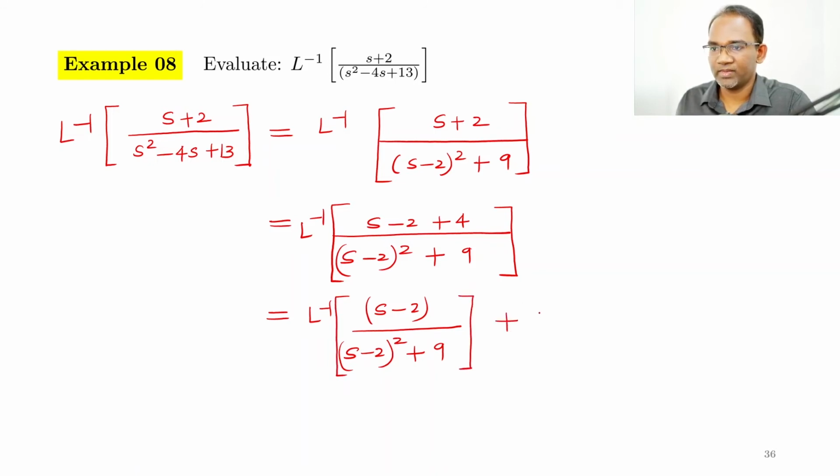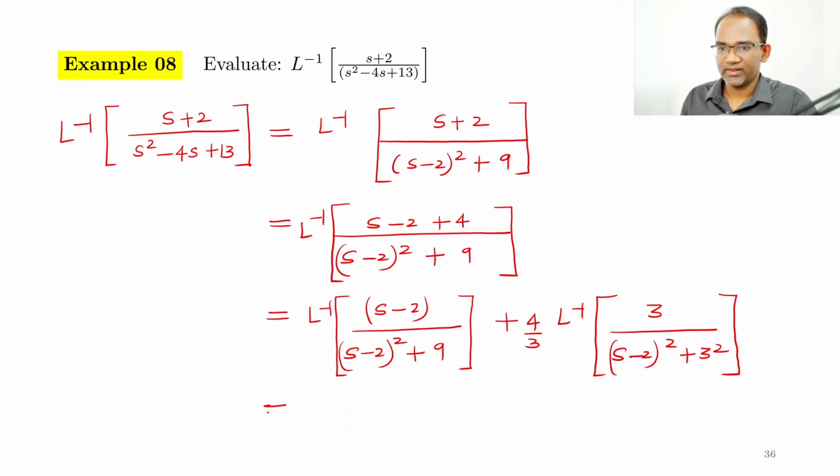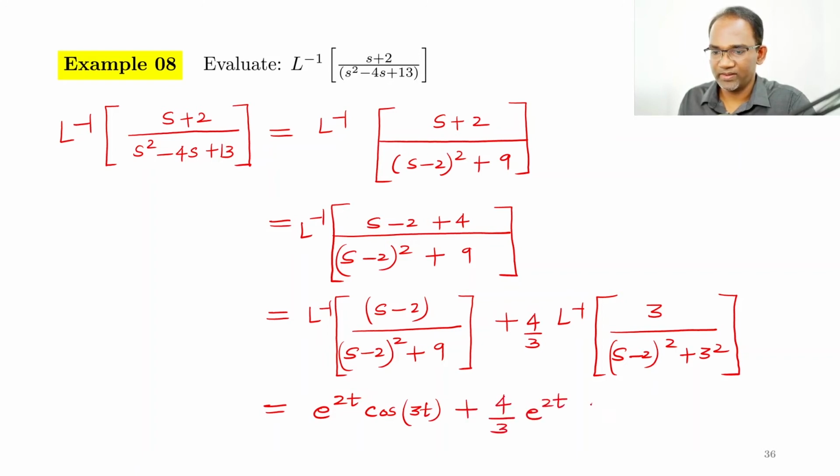And the second term is L inverse of 4 over 3 times 3 over ((s minus 2) whole square plus 3 square). And this is equal to, according to the first shift theorem, e raised to 2t cos 3t plus 4 over 3 e raised to 2t sine 3t, which is the required result.